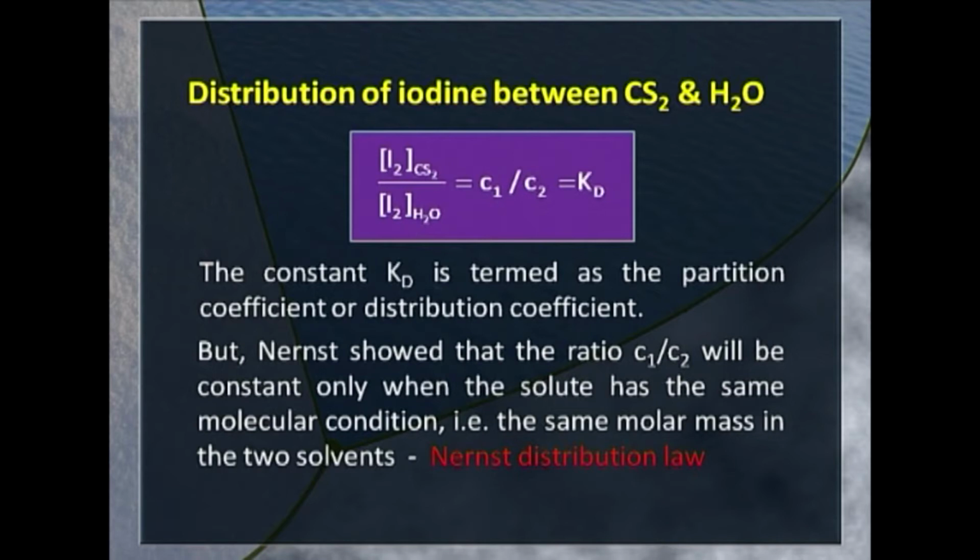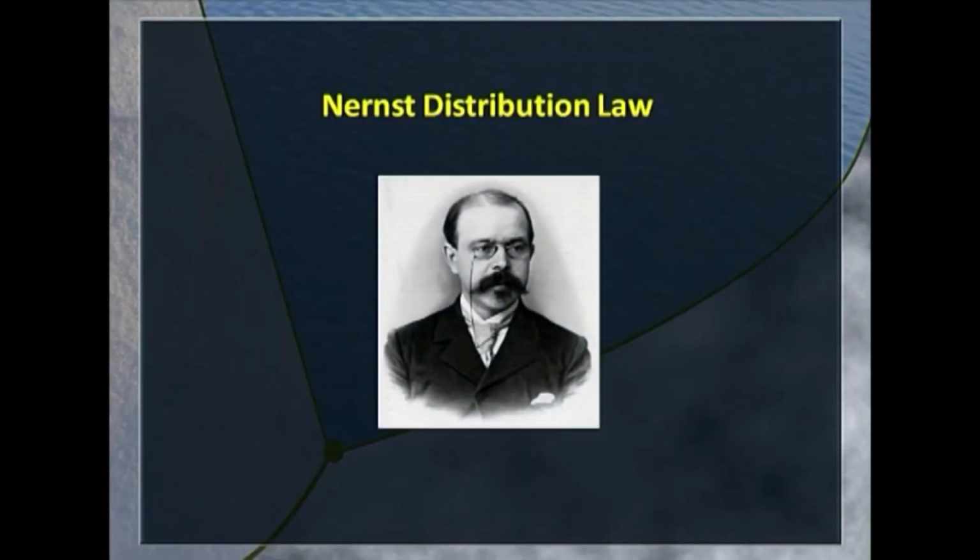Only when the solute has the same molecular condition, that is the same molar mass in the two solvents, we are likely to get a constant ratio. That's how he came up with what is now called Nernst distribution law. This is the photograph of Nernst, who has made a lot of contribution in physical chemistry.